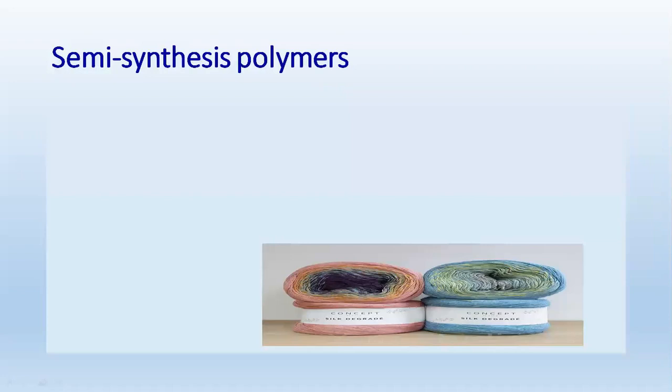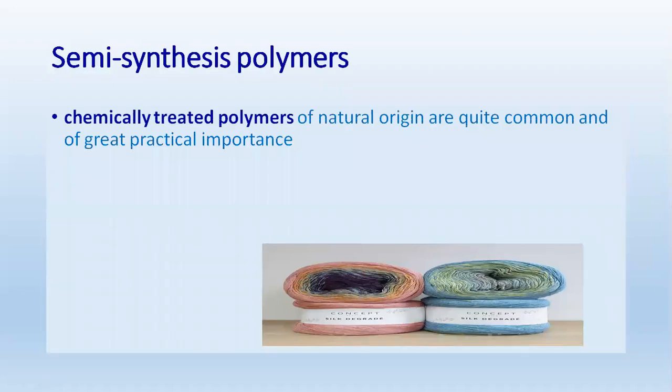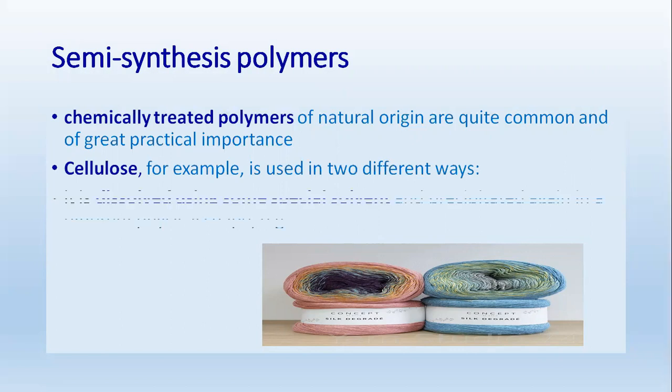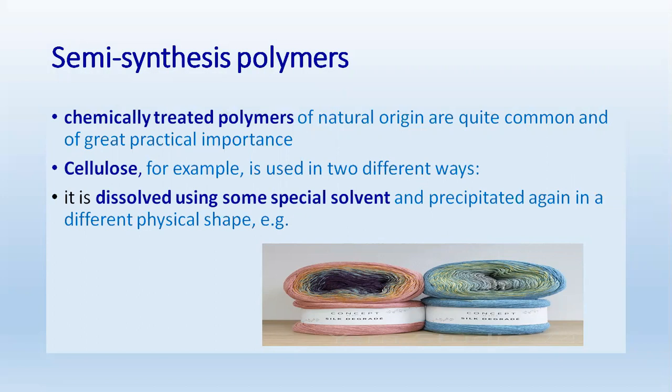Semi-synthetic polymers are chemically treated polymers of natural origin, quite common and of great practical importance. Cellulose, for example, is used in two different ways. It is dissolved using some special salt and precipitated again in a different physical shape: viscose silk, copper silk.